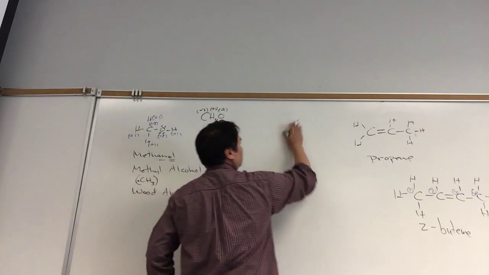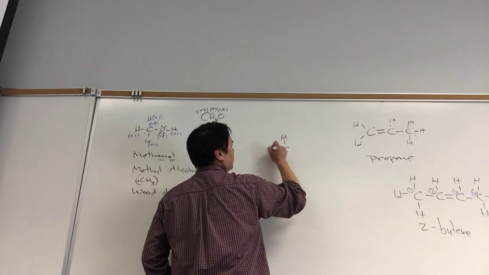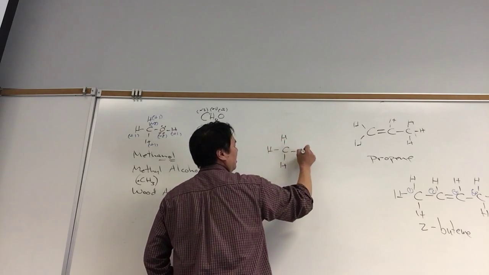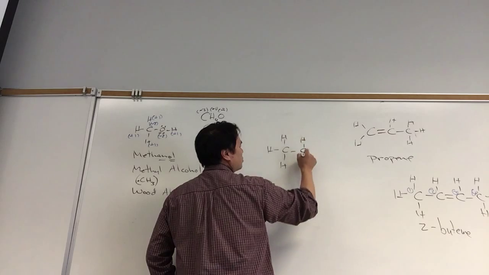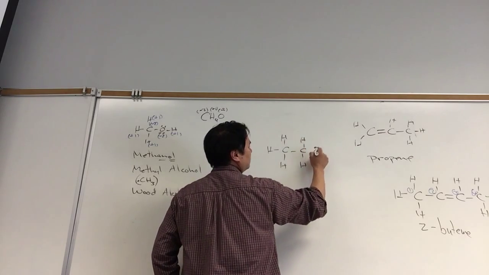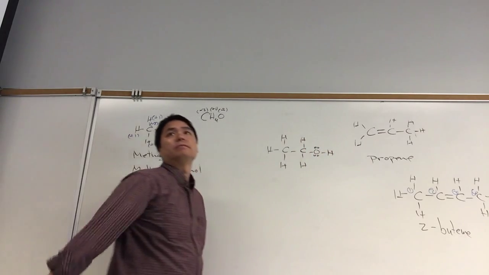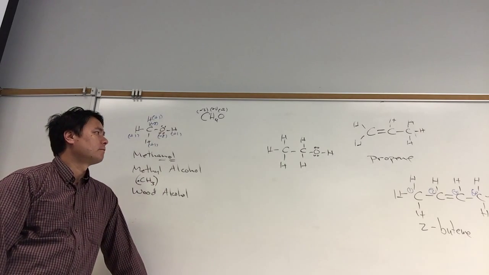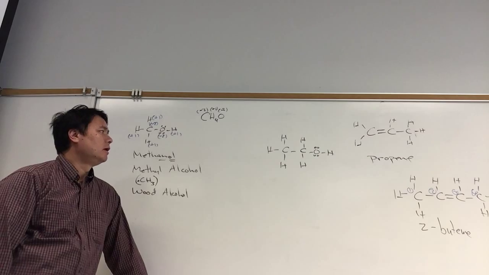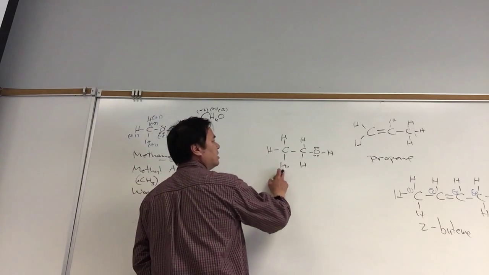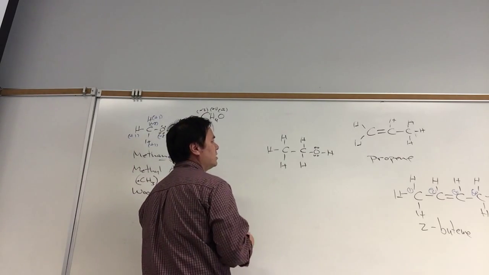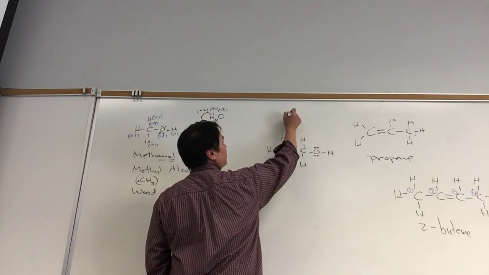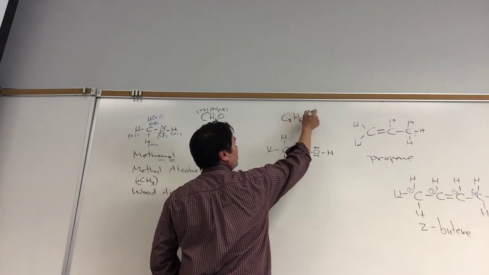Let's go to ethanol next. It's electron rich. Ethanol has a structure like this. What are the oxidation states here? Well, maybe it's easier to do it off the formula. The formula is C2H6O.